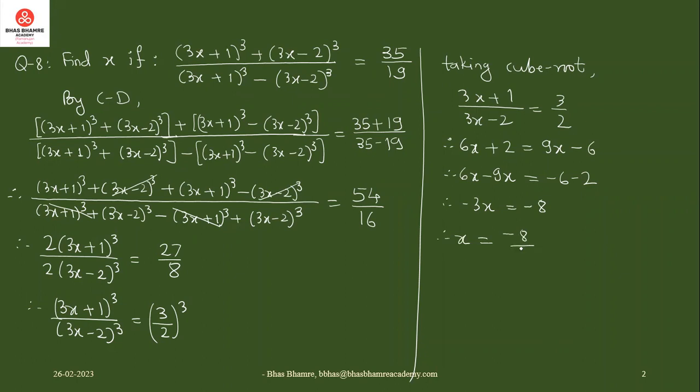So x is minus 8 upon minus 3. Therefore x is equal to 8 upon 3, and that is our final answer. So this is just revision work.